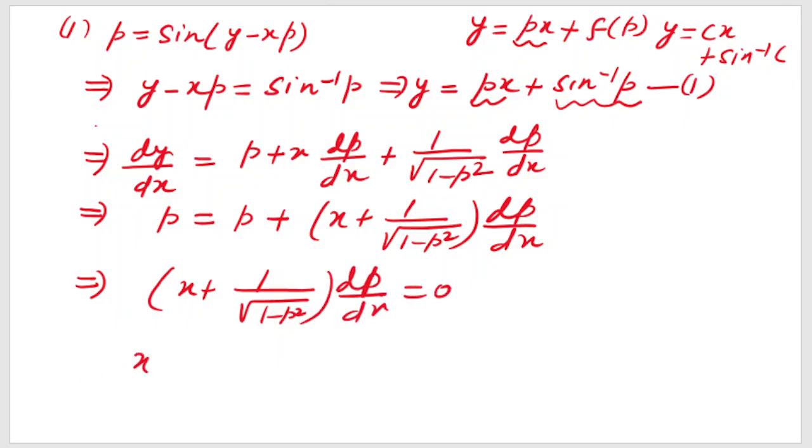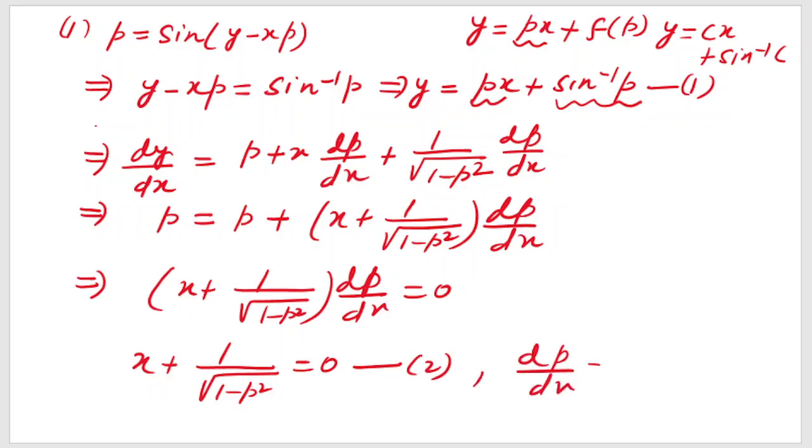So it gives me two things: x plus 1 by under root 1 minus p square is equal to 0, let me call this equation number 2, and it also gives me dp by dx is equal to 0, let me call this equation number 3.